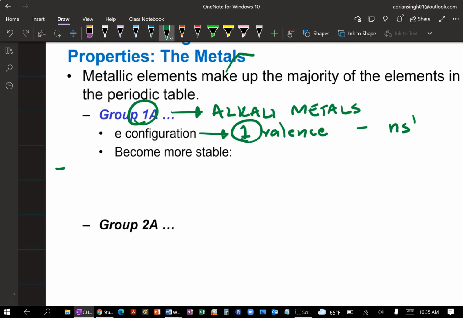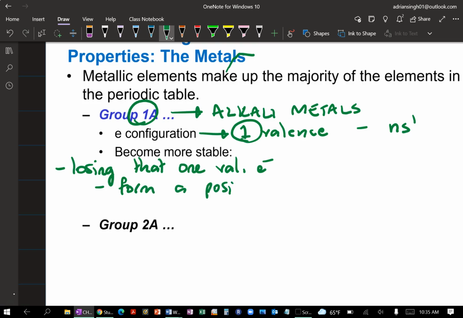Well, they become more stable by losing that one valence (VAL) electron. And as a result of that, if you take away a negative charge from something that's neutral, you end up forming a positive ion, which we call a cation, which we've talked about previously. And that cation is going to have a charge of +1.